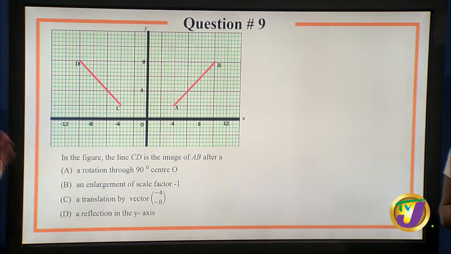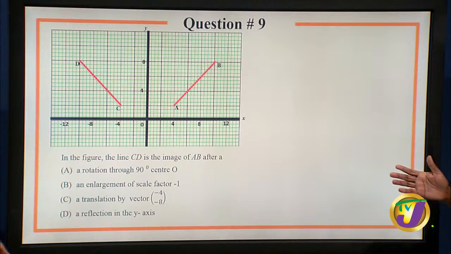Question 9. We are given a diagram and it says in the figure, the line CD is the image of AB after a transformation, and they give us a list of translations, to select which is correct.